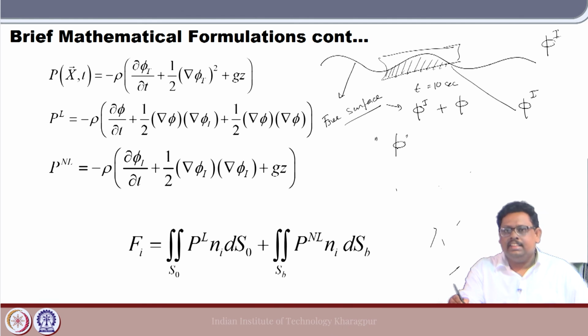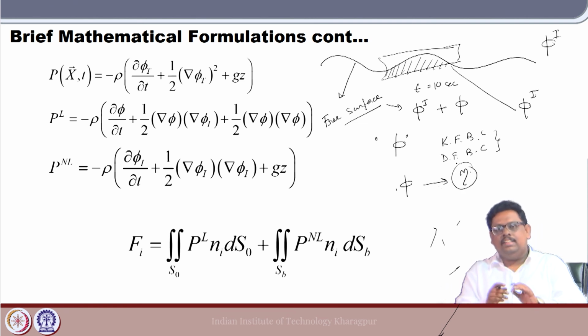Then I can use the kinematic free surface boundary condition and the dynamic free surface boundary condition. If I apply these two free surface conditions, then from this phi I get to know what my eta is, that is the wave elevation for the diffracted potential.